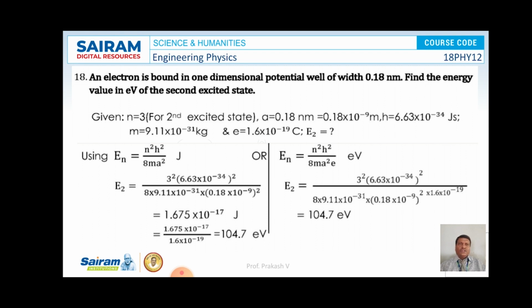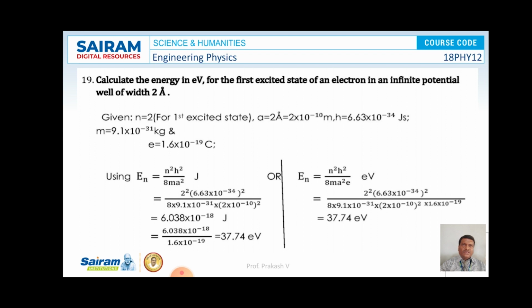So here, in the first case, we are going to get the answer in terms of joules. So the value is equal to 1.675 into 10 to the power minus 17 joules. So divide that by charge on the electron, that is 1.6 into 10 to the power minus 19. So on simplification, the value of E is found to be 104.7 electron volts. So this is the solution for this problem.